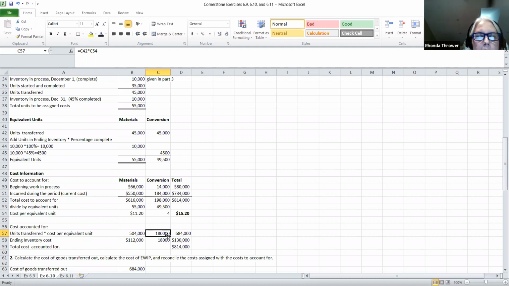It would give you the total conversion cost for the units transferred at 180,000. Once you know what your materials cost and your conversion cost are, you can combine them together to get the total cost of your units transferred. So the total cost of the units transferred is $684,000.